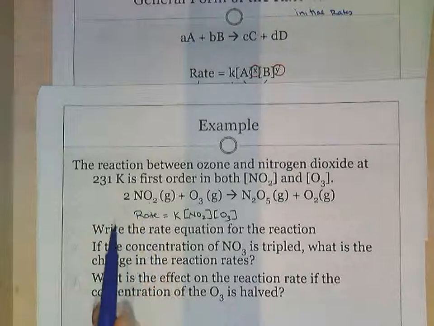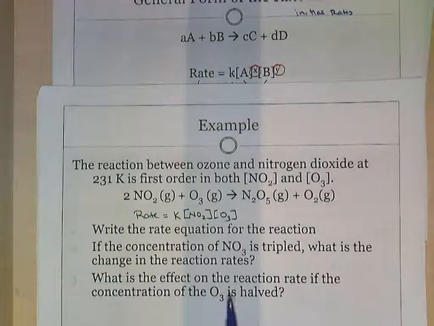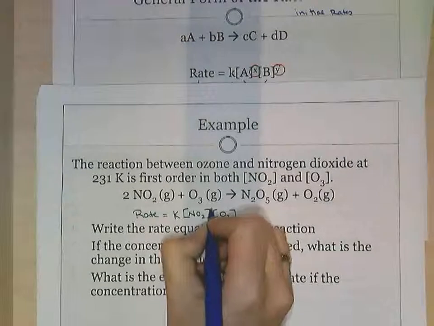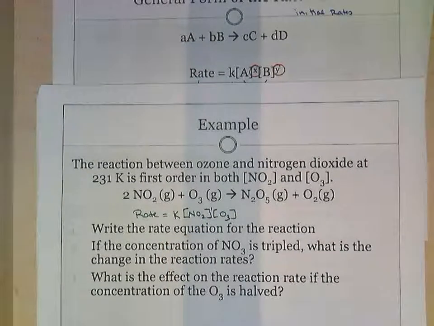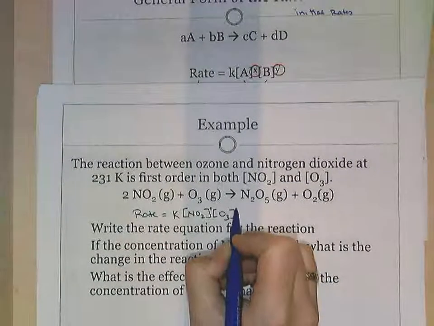If in the problem it tells me it's first order, what would be the exponent of the concentration of nitrogen dioxide? 1. If it's zero order, then it'll be 0. If it's first order, it'll be 1. And then what about my ozone? If it's also first order, it also gets the exponent of 1.